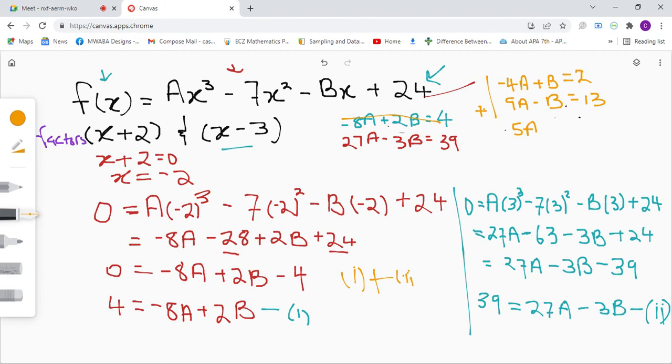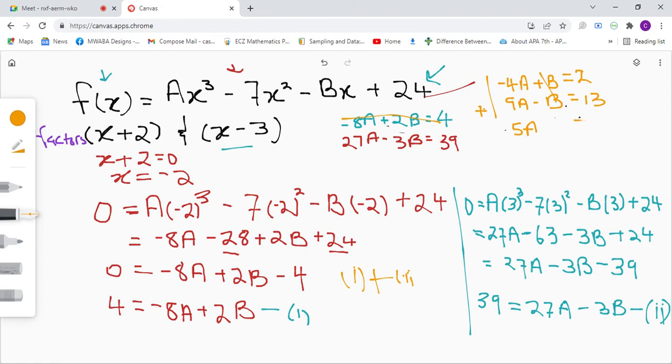Then b plus negative b, negative and positive give us negative, so it becomes b minus b, and that gives us 0. So we have crossed this out.